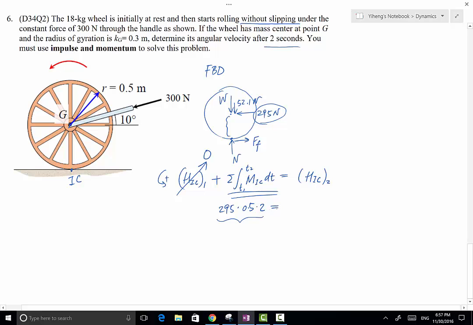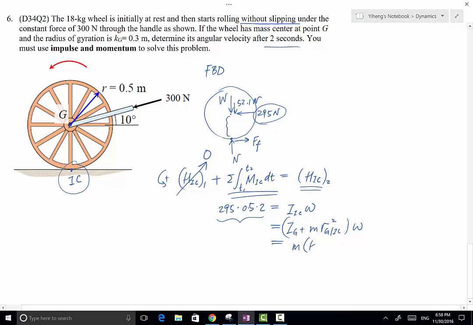On the right hand side, because this is general plane motion and we have identified the instantaneous center of zero velocity, the angular momentum can be written as I_IC omega. I_IC is determined by I_G plus m r_G/IC squared. I_G is m k_G squared.